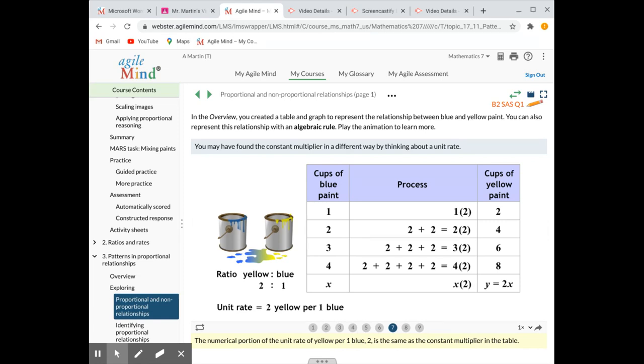Oh, 2. Good. So it's the same as that constant multiplier. So the constant of proportionality or the unit rate is actually going to be the same thing, because 2 divided by 1 is 2 and the constant multiplier is 2 as well.